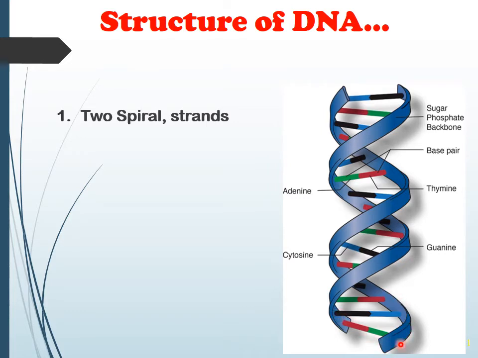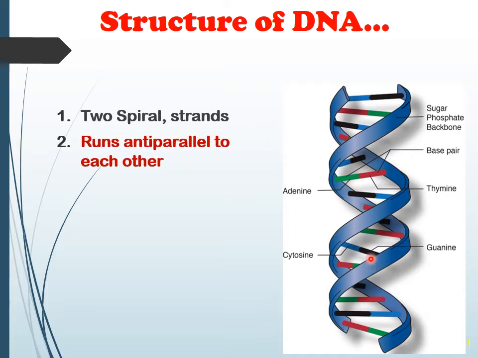So in total there are two strands, and they are spiral, that is, a spring-like structure. In between these two strands, you can see these colorful lines. We call them base pairs. You can correlate this with the steps of a ladder, and these two strands are the backbone of the ladder.